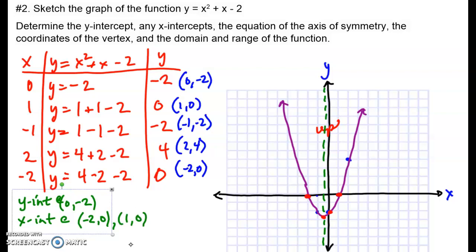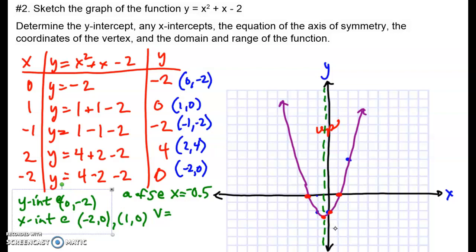The equation of the axis of symmetry, so it looks like a -0.5. It's at the spot where x equals -0.5. The coordinates of the vertex, v, is equal to, I don't exactly know how low it goes.